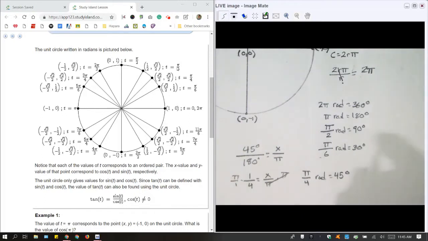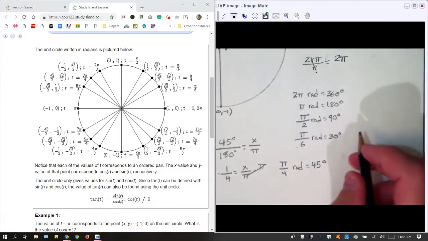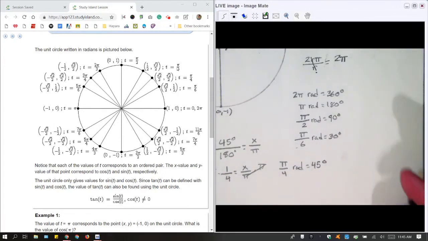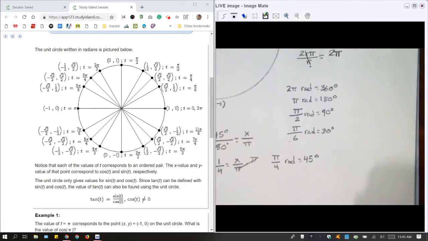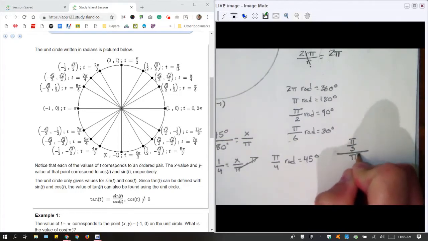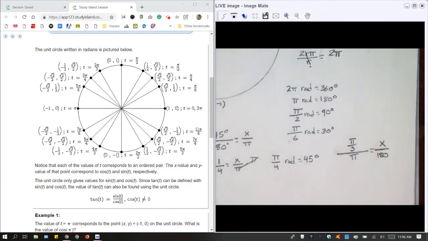Well, we could figure that out by seeing what ratio pi over 3 is. So we've got pi over 3 out of pi equal to some number out of 180.